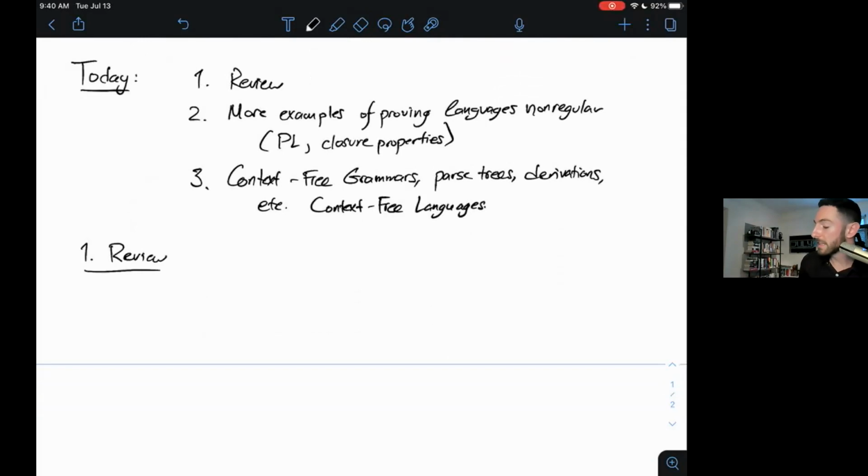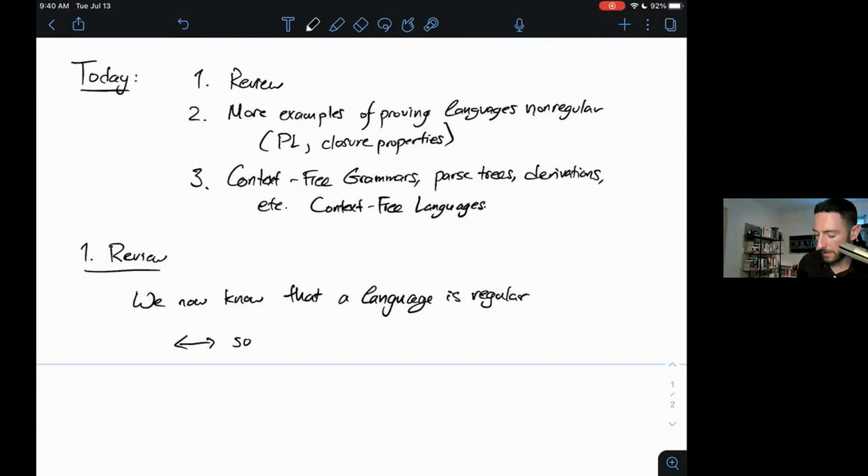So last lecture, we finished our proof that a language is regular if and only if some regular expression recognizes it. So we now know that a language is regular if and only if some DFA recognizes it.